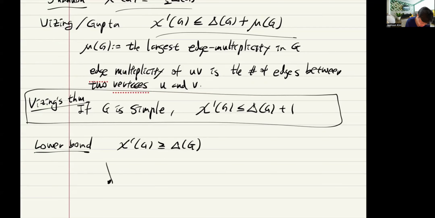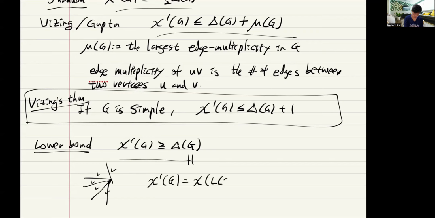Because if you have a vertex with maximum degree, all the edges incident with it are pairwise incident, so they must have all different colors. So this holds. In fact, you can write it this way as well: the chromatic number of the line graph is at least the maximum degree of G.